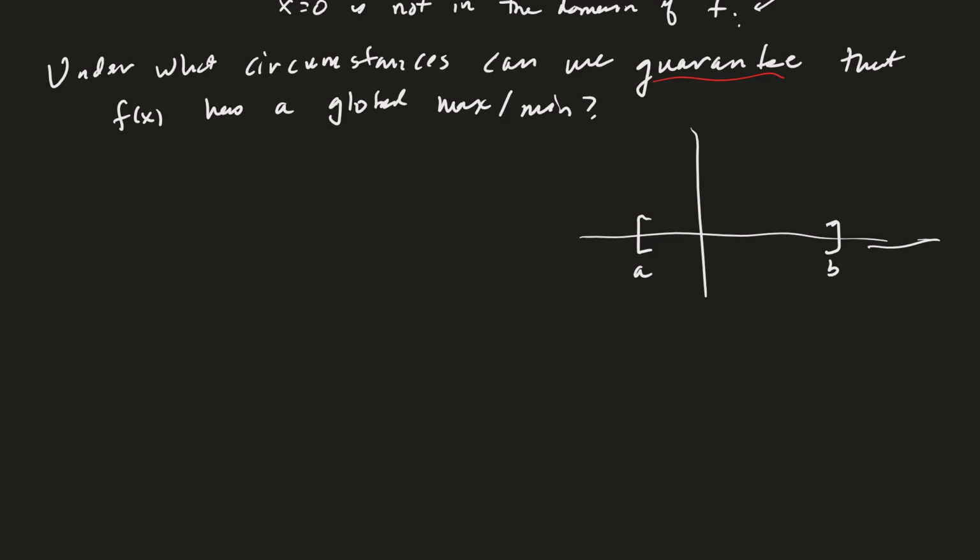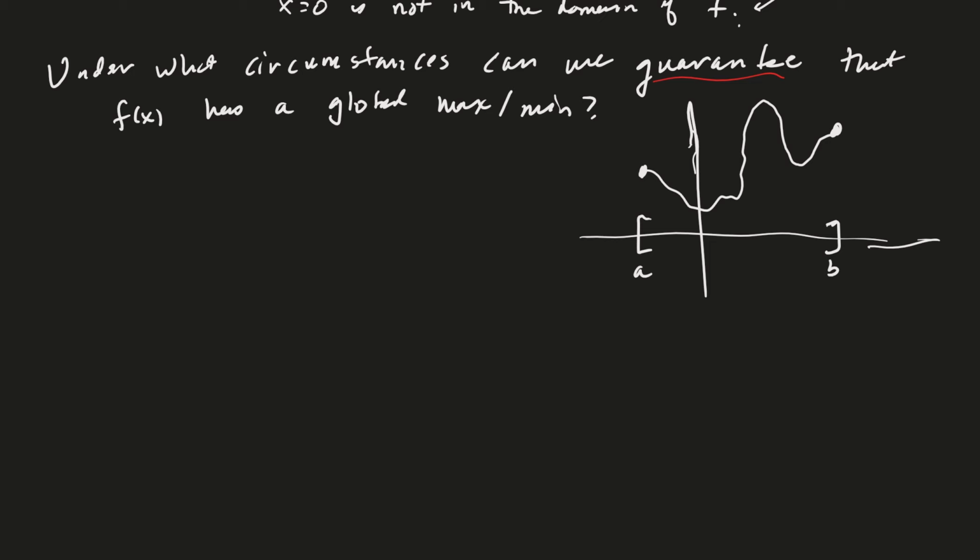If the function is continuous, it acts like a string between f of a and f of b. I'm just drawing f of a and f of b in here. When f is continuous, it's like a string that's being tacked into place, and on the string, of course, there's got to be a global max and global min. That's the idea behind the next theorem, the extreme value theorem.